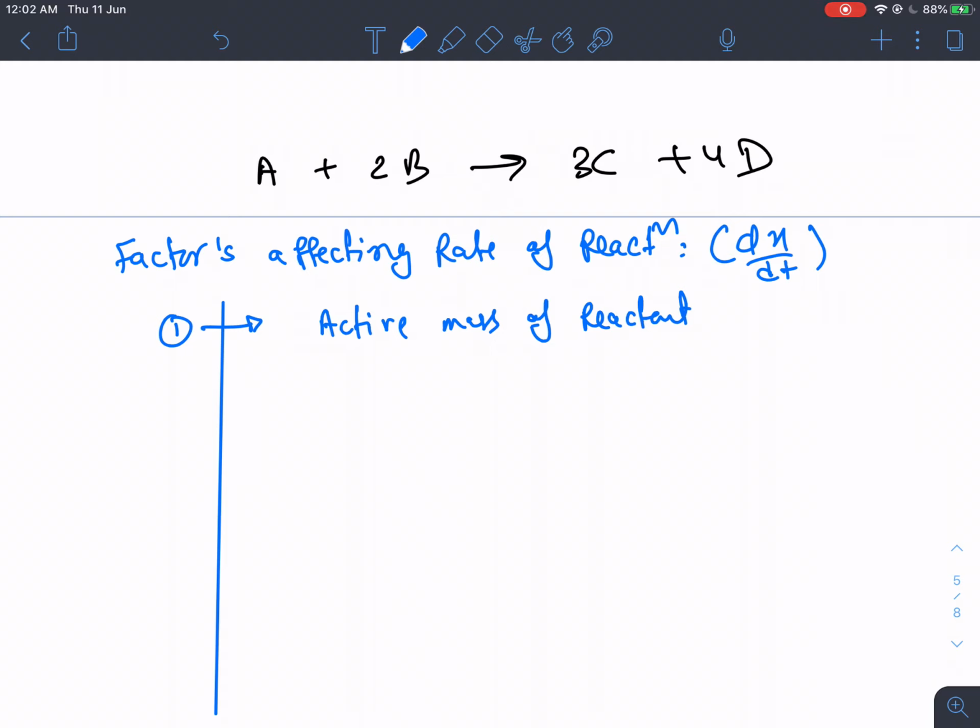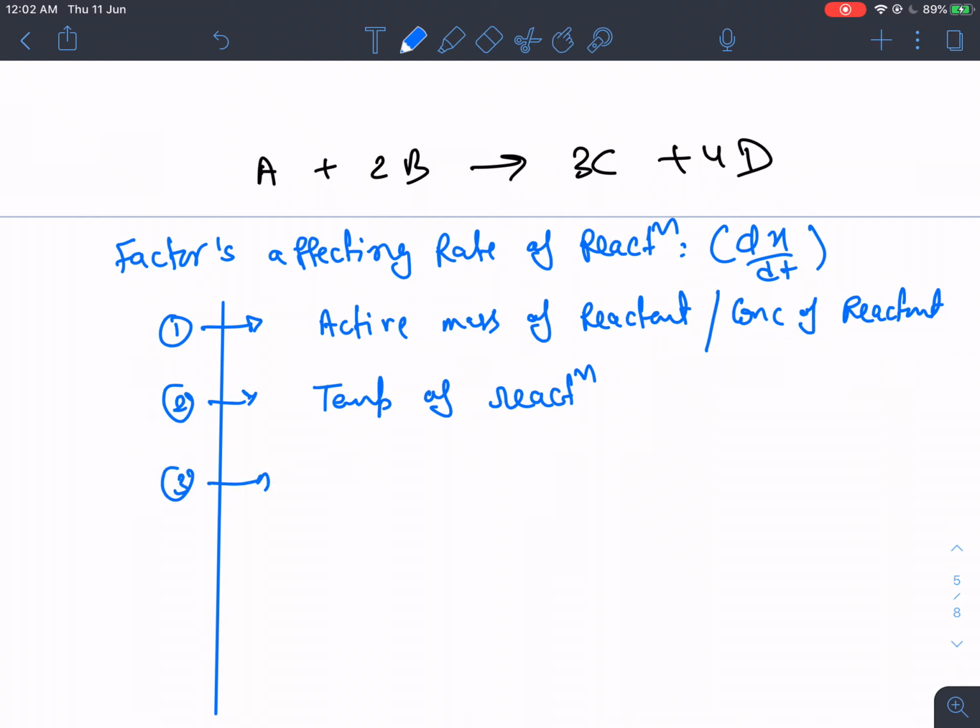So the active mass of the reactant, or roughly you can say the concentration of the reactant. Second, it does depend on the temperature of the reaction. Third, have we used any catalyst? If yes, it depends on the nature of the catalyst used.